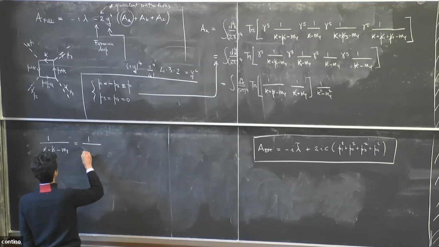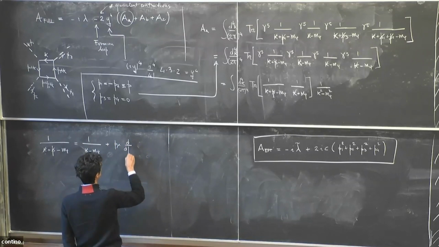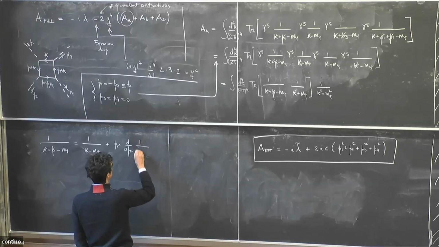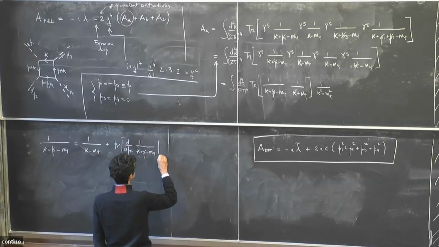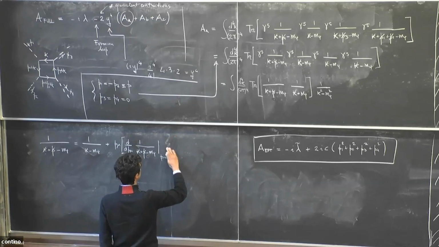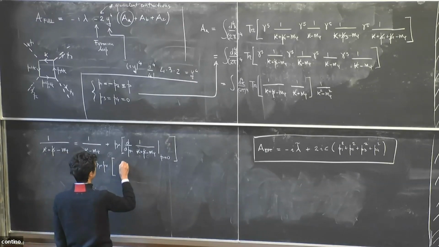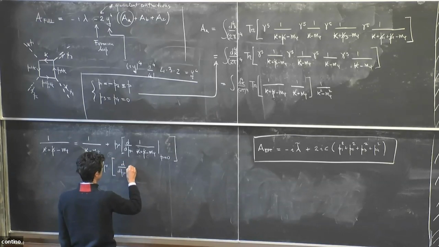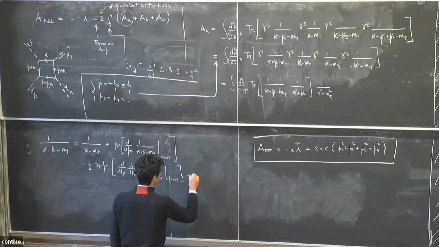This is 1 over k slash minus m psi, plus p mu, the derivative with respect to p mu of 1 over k slash plus p slash minus m psi computed at p equal to 0, plus 1/2 p mu p nu, the second derivative of 1 over kappa slash plus p slash minus m psi computed at p equal to 0, plus orders p to the 4th.